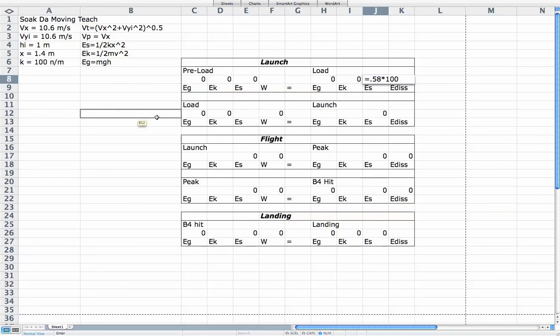That way I could have just clicked on it. And then that's going to be times the stretch squared, and the stretch is 1.4, and then I'll square it.